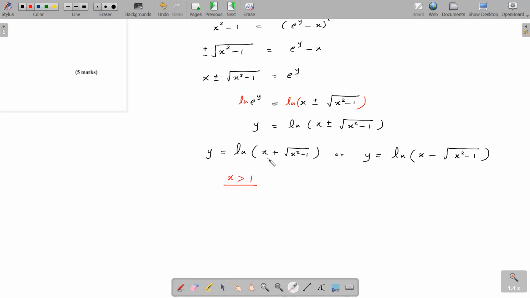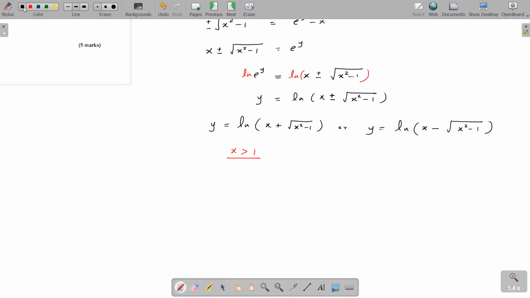All right, guys. Now let's compare x and root x square minus 1. I want to see which one is the bigger one and which one is the smaller one.